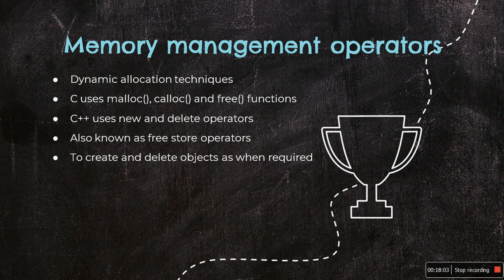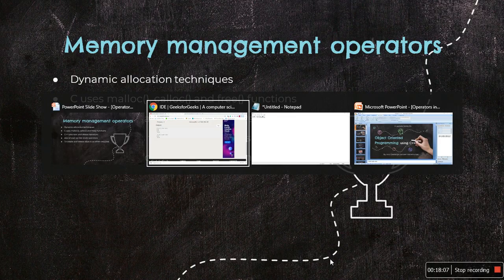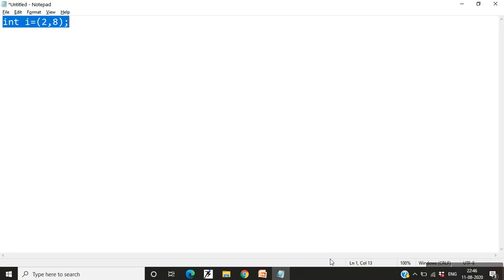So if you want to see the syntax of creating an object using the new operator, you have a pointer variable and then you use the new operator followed by the data type.